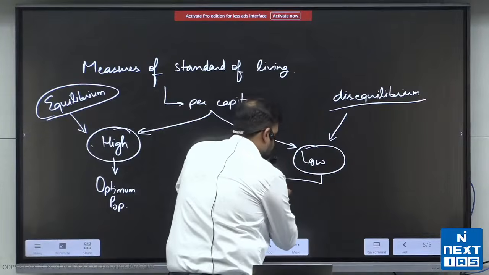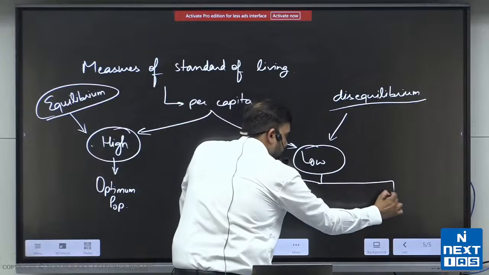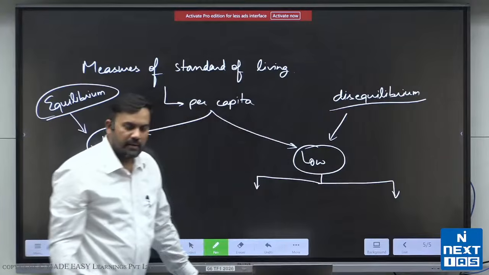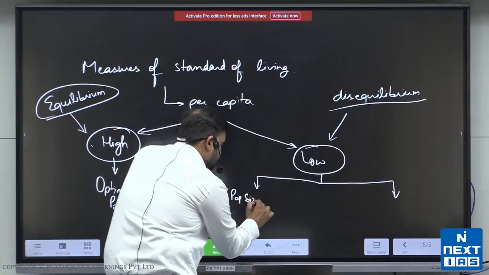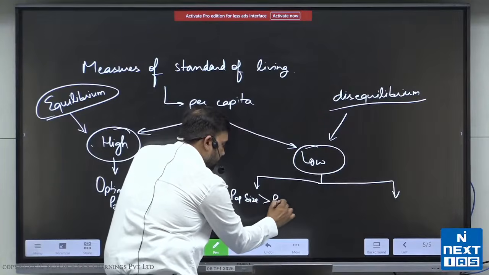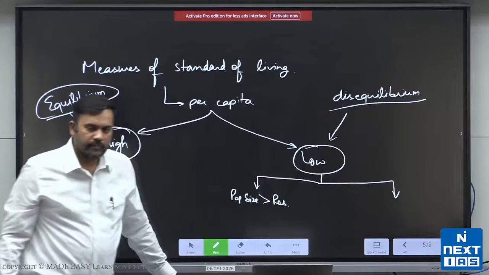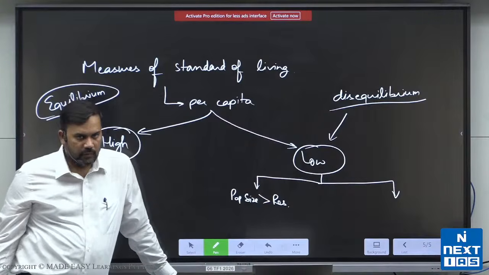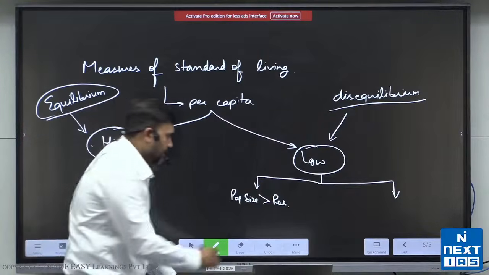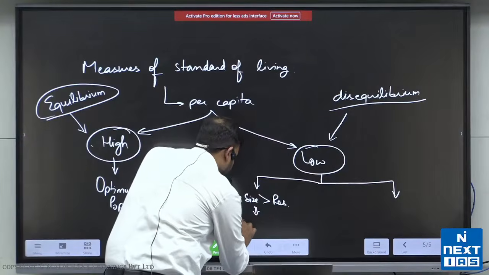Obviously, this disequilibrium can be in two situations. In one case, population size is what? Greater than the resource availability. What we call this situation is the condition of overpopulation. ठीक है?